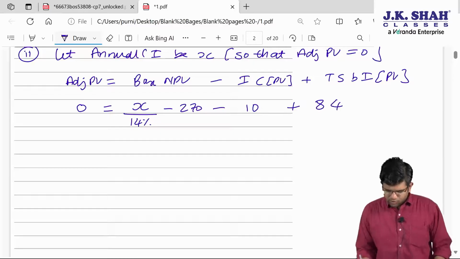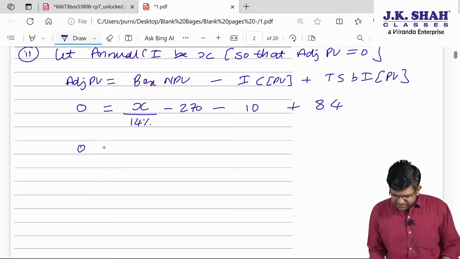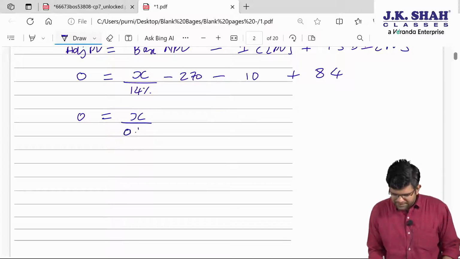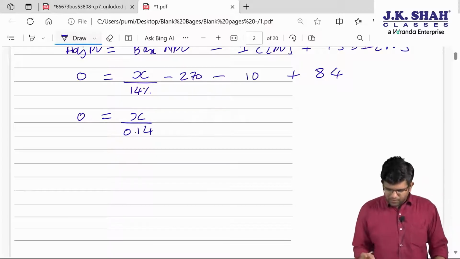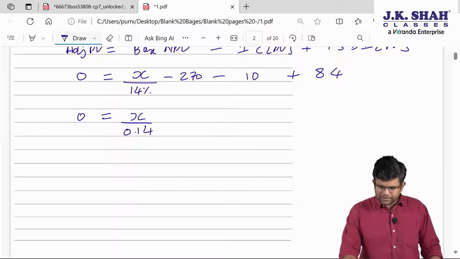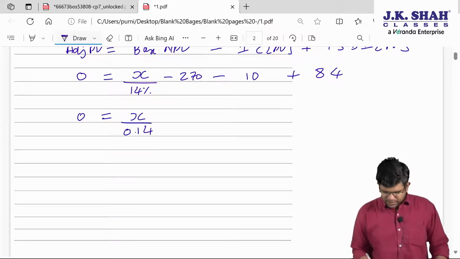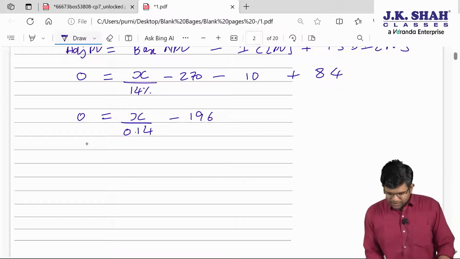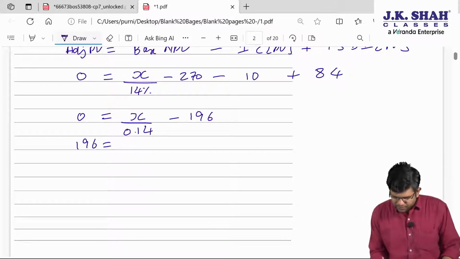Okay. So if we solve this, 0 is equal to x upon 0.14 minus 270, okay, so I'll just write here minus 270, minus 10 plus 84, and this comes to minus 196. So can I say 196 is equal to x upon 0.14?